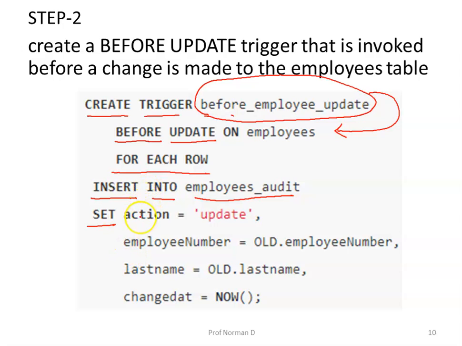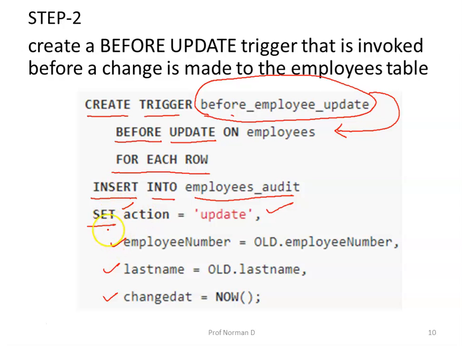So we have one attribute, that is action. By default I am setting the value of the attribute action as update. The other three attributes are employee number, last name, and change date. What are the values that are applied to these attributes?